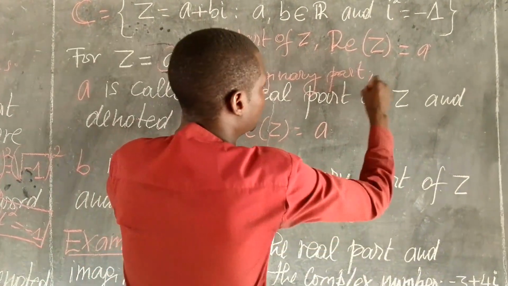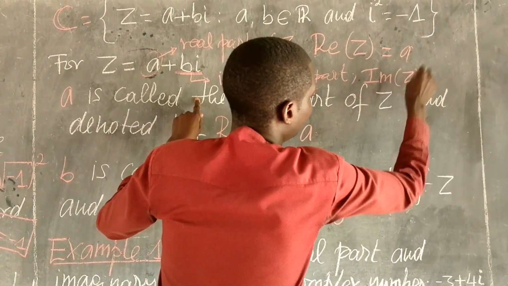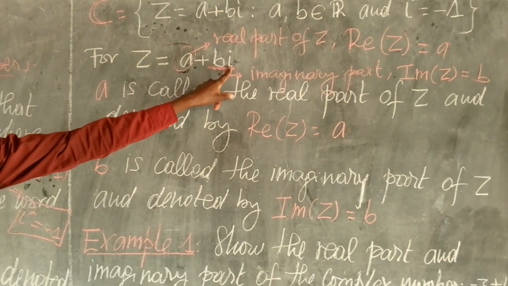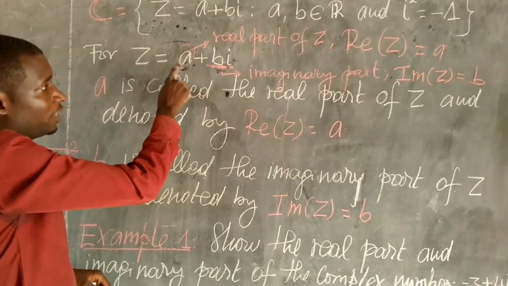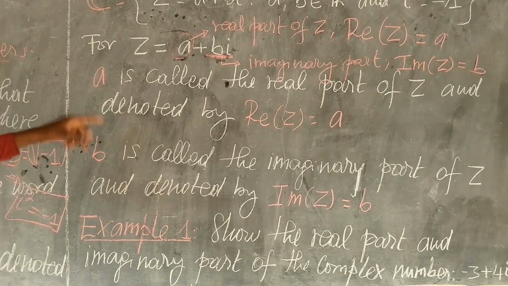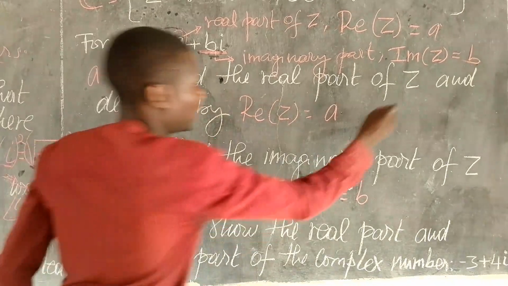The imaginary part is symbolized by Im(z) equals b, the coefficient of i. This is the imaginary part, and this is the real part. Here a is called the real part of z, where z is the complex number.